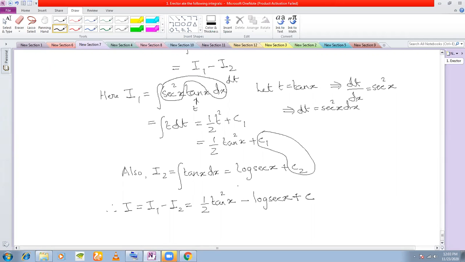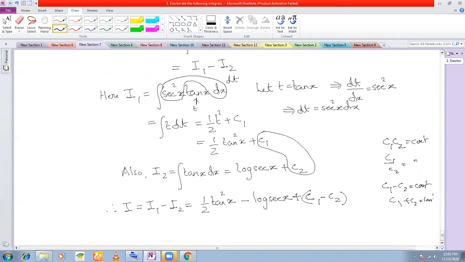Since I1 minus I2 is there, the constant will be C1 minus C2, but we simply take it as a constant C. Whether two constants are there, C1 by C2 will also be a constant, C1 minus C2 will also be a constant, and C1 plus C2 will also be a constant.